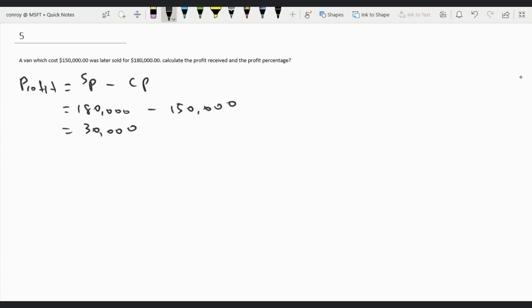Alright. It also asks us for the profit percentage. So now profit percentage is equal to profit over the cost price times 100%. That's equal to 30,000 over the cost price, which is 150,000.